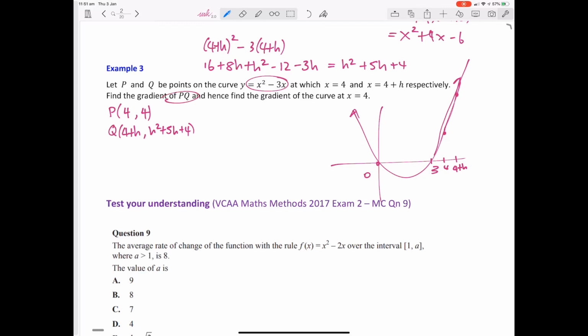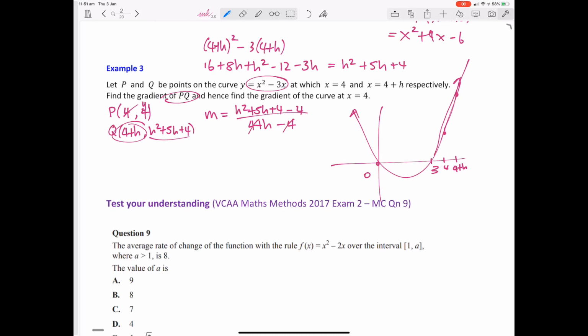So it says find the gradient of PQ. So we know m is equal to y2, h squared plus 5h plus 4, minus y1, which is 4, over x2, 4 plus h, minus x1, which is 4.